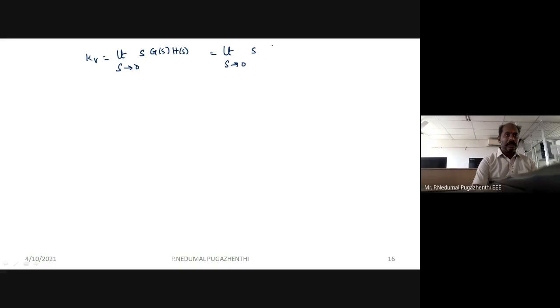Transfer function is 10k divided by s into 1 plus 0.1 s. Now this s gets cancelled. Now if you apply s equal to 0, then kV is equal to 10k divided by 1, which is equal to 10k.